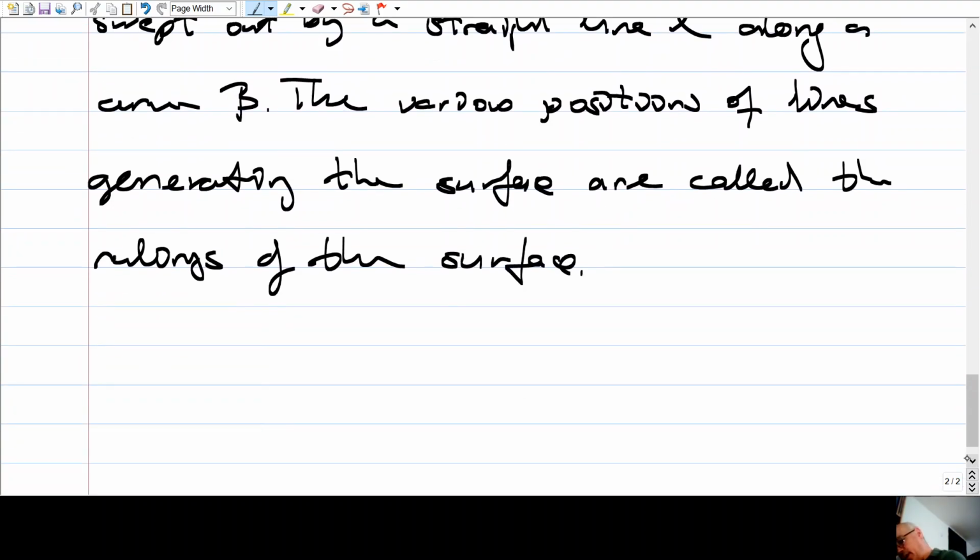Let me explain what I mean here. So here the parameterization will be given like this.